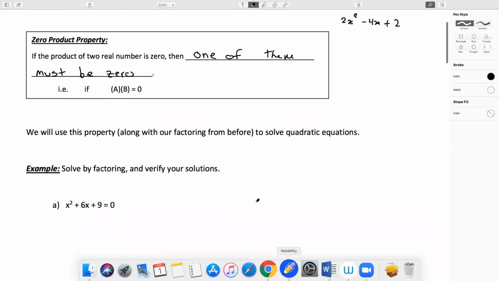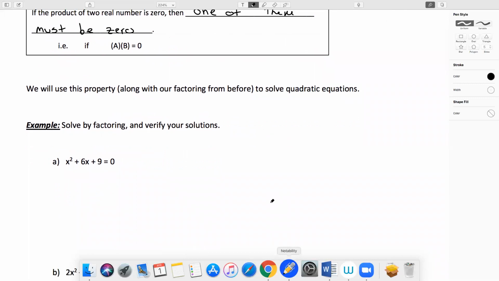So we're going to use this with quadratics to figure out what the solution for x is. For example, solve by factoring, then verify your solutions. So this one, we've got a quadratic equation. It's an equation because it equals 0 instead of just having x squared plus 6x plus 9. We've got to factor it and then use our factored form to actually find a solution for x. So we need two numbers that multiply to 9 and add to 6. Those numbers are going to be 3 and 3.